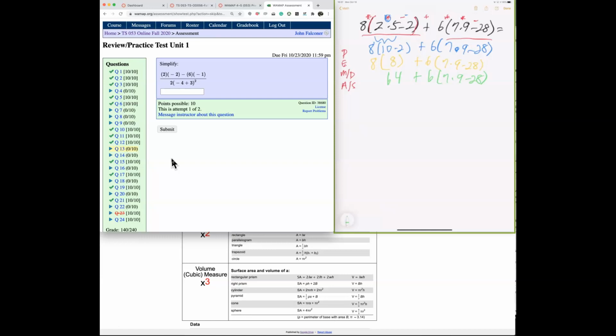So we want to do all of the top and all of the bottom before we let the numbers interact with each other. So let's take a look at the top. I'm going to fill in the operations. We've got multiplication, subtraction, and multiplication. So that's pretty obvious. Down below, we do have an operation in the parentheses, and then we have multiplication, and we have an exponent.